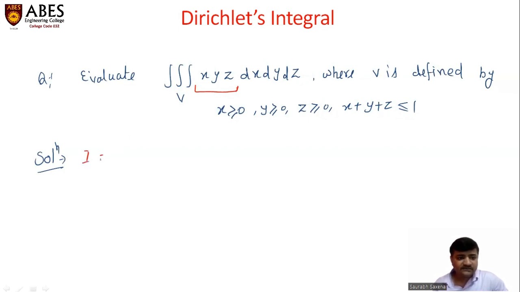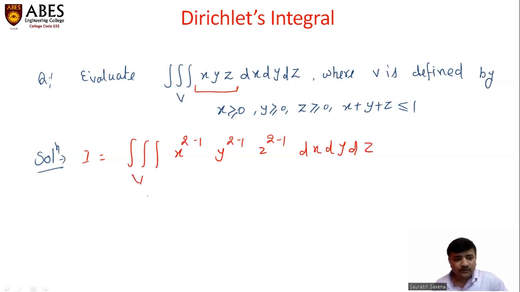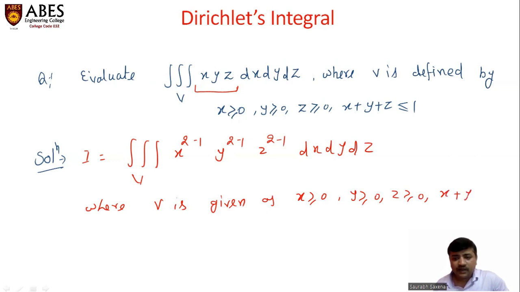So let us consider I is equals to triple integral x to the power 2 minus 1, y to the power 2 minus 1, z to the power 2 minus 1 dx dy dz over v, where our v is given as x greater than equals to 0, y greater than equals to 0, z greater than equals to 0, and x plus y plus z is less than equals to 1.